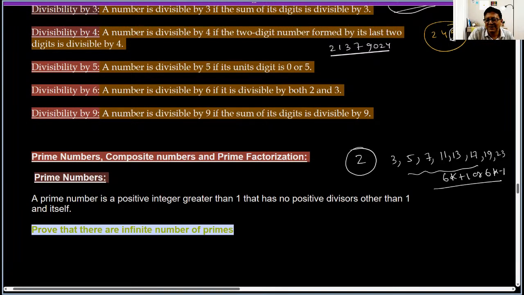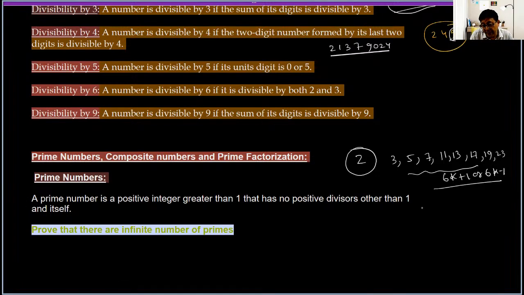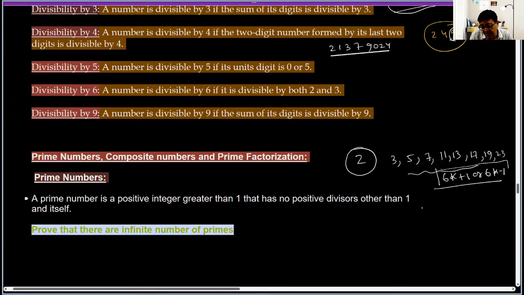Any number which has no divisor other than 1 and itself is a prime number. 2 is the only even prime number, and I give you a task to check whether all prime numbers you can express in the form 6k plus 1 or 6k minus 1. Please write in the comment box. Those who have already decided to agree with me that it is going to be 6k plus 1 or 6k minus 1, please do it.